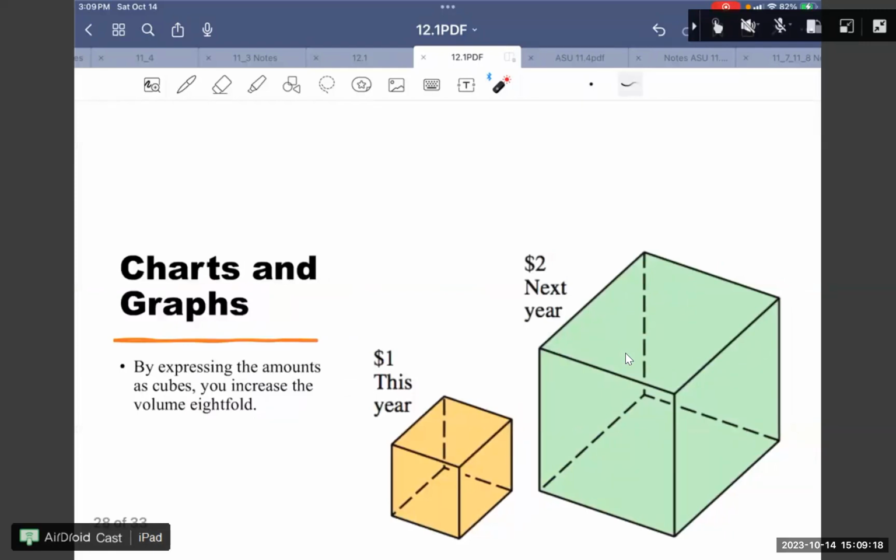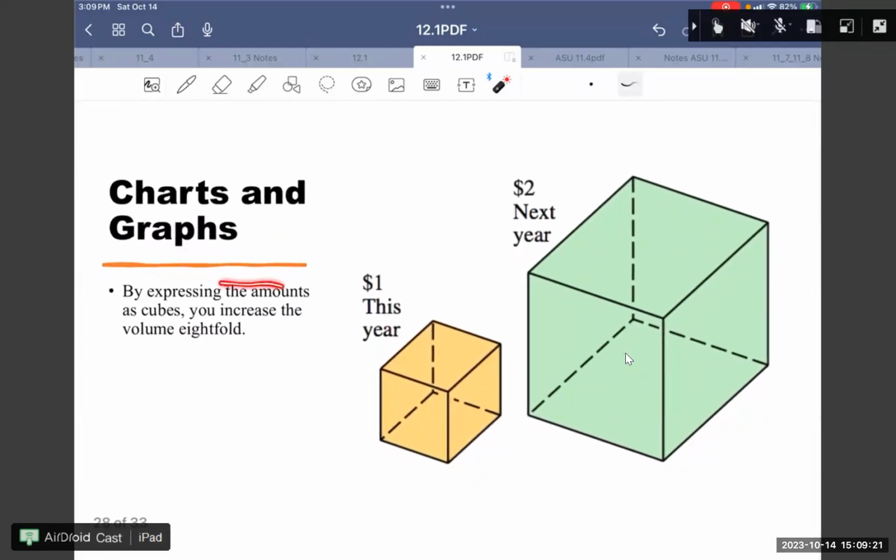Or we can express the amount as a cube, which increases the volume eightfold. So the first year we have one, so this one is $1, and then the next year is two, and this one is two, and this one is two. So the volume is 2 times 2 times 2, which is 8. And 1 times 1 times 1 equals 1, right? So you can see the difference.